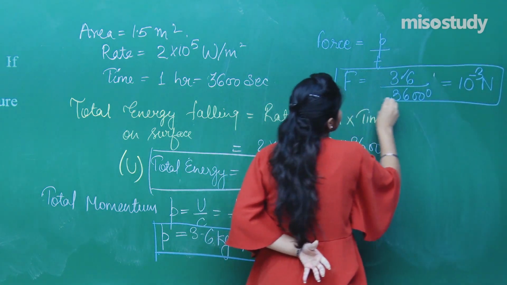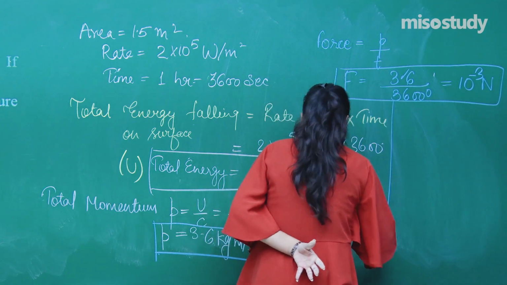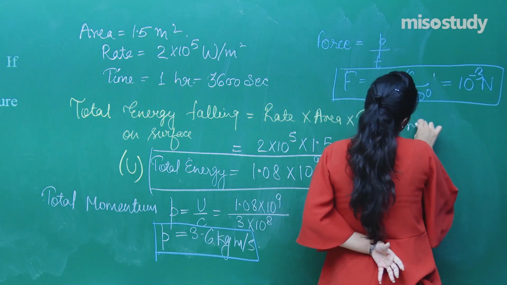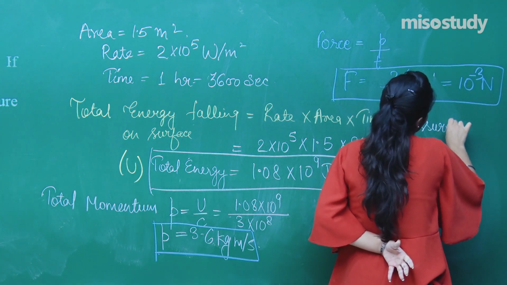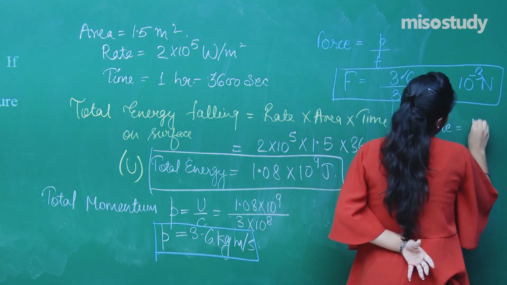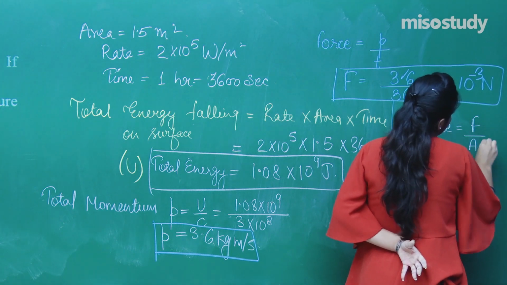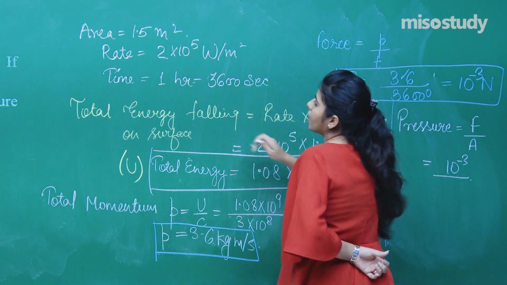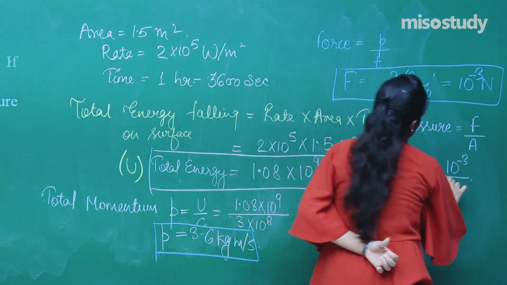Now since you have the force, find out the pressure. And in the question we have to find the pressure only. So the pressure exerted by the light on the table will be equal to force upon area. Force is 10 raised to the power minus 3 and area is 1.5.